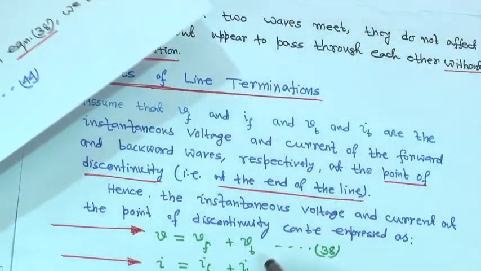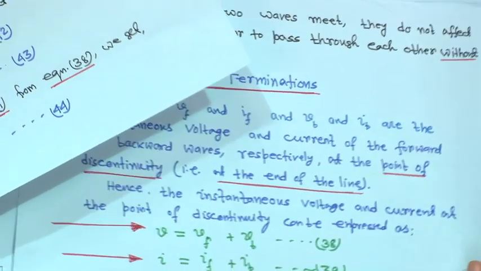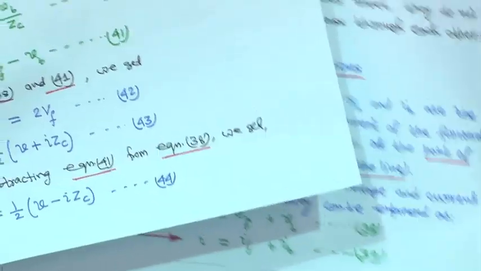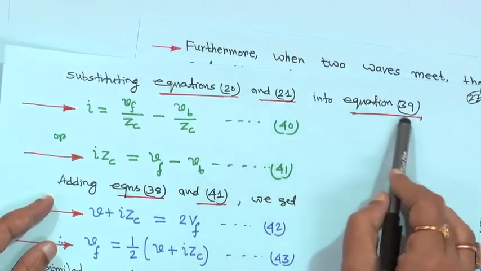Now we know that from equation 20, If is equal to Vf by Zc and Ib is equal to minus Vb by Zc. Equations 20 and 21 you put in equation 39.